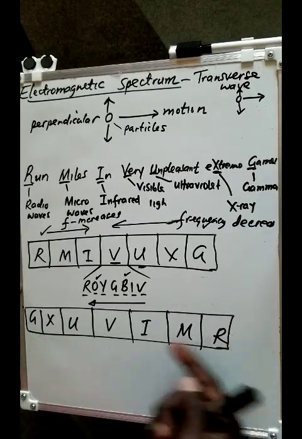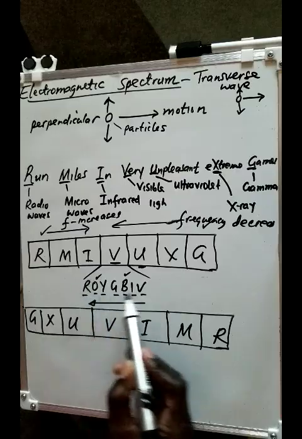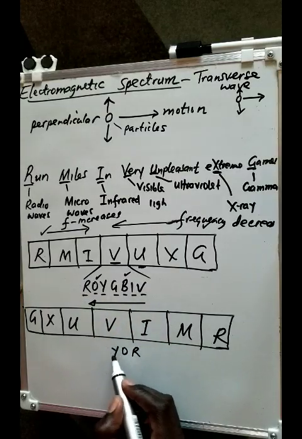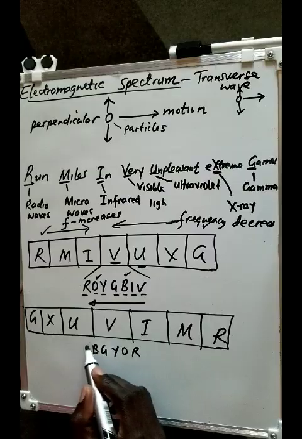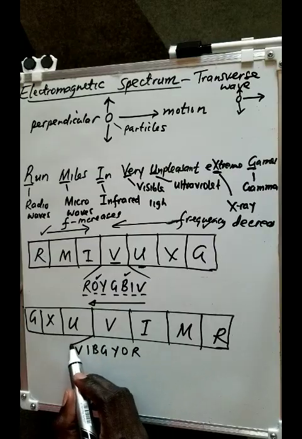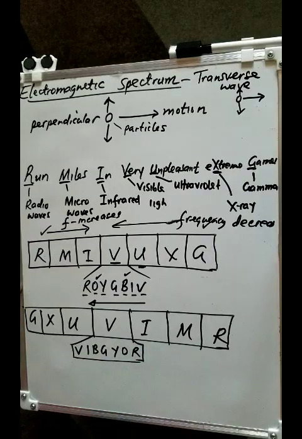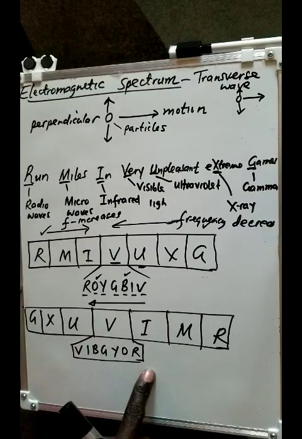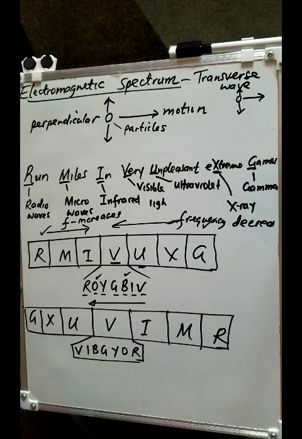Again, when it is flipped, it simply means that even your ROY G BIV will be flipped. So your R, O, Y, G, B, I, and V represent this band of colors found in visible light when you split it up.